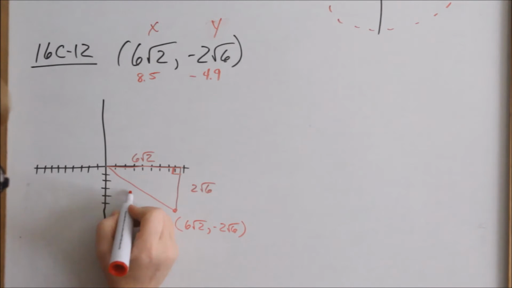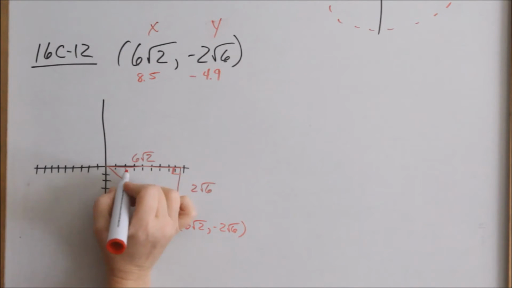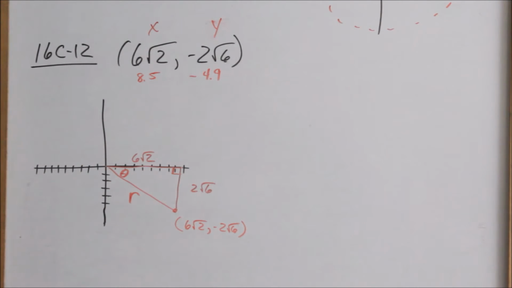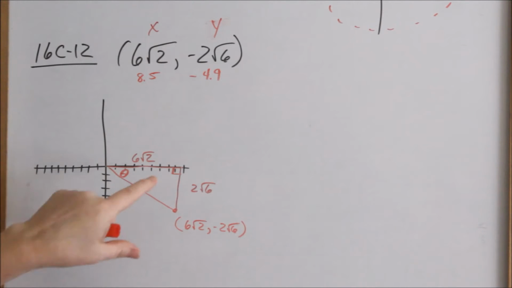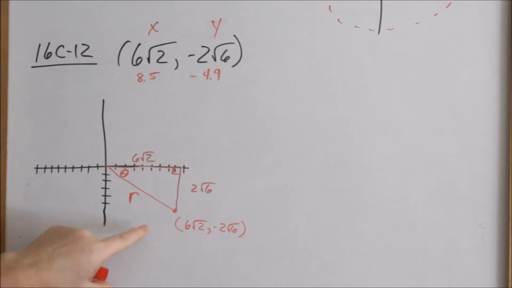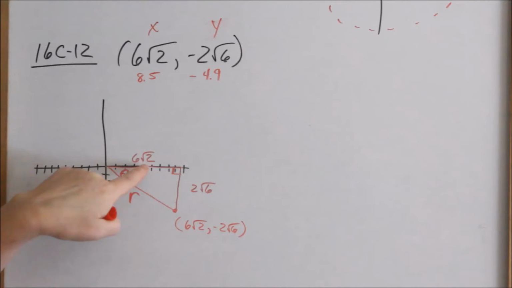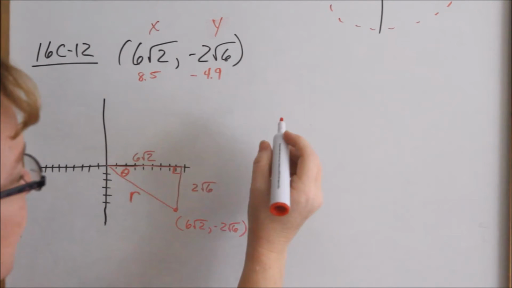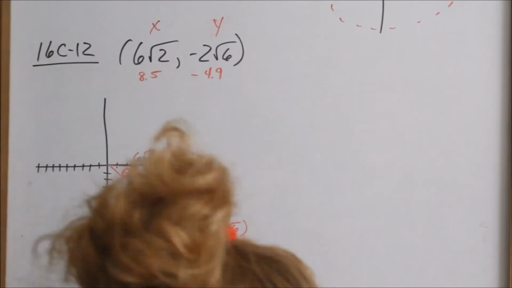Okay? So I am looking for r, and I'm looking for theta. So I'm looking for this angle. R. How can I find r? Pythagorean theorem. Okay, it's a right triangle, so how do I find the hypotenuse? Pythagorean theorem. I'm going to use the radicals. Using the radicals to find the hypotenuse is the most accurate way instead of rounding these to decimals.